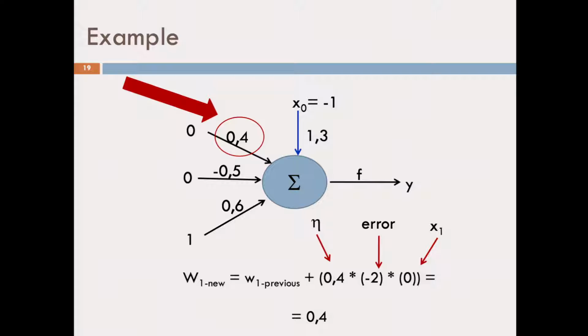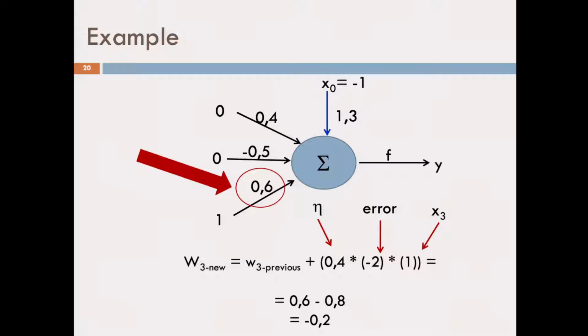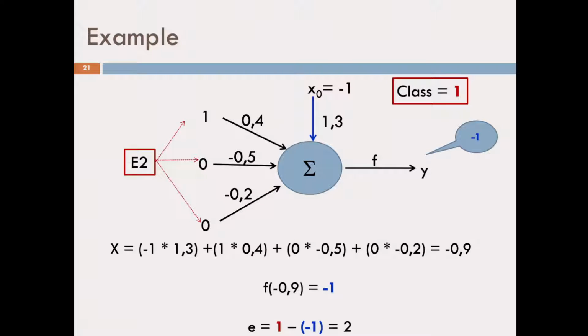So let's jump to this input here. The new W3 is going to be the previous one, plus learning rate times error times the input associated to W3. So this calculation returns me the value 0.2. So minus 0.2 is going to be the new weight, the new W2 weight. So this is my vector of weights, my vector W. Okay, nice. Good, now we are going to get the next instance.